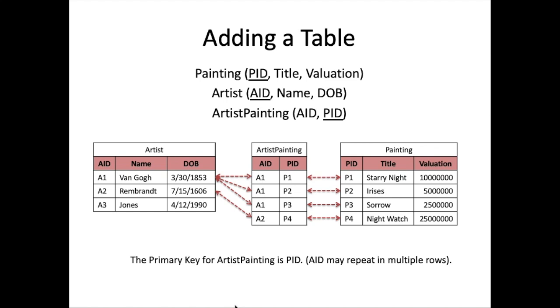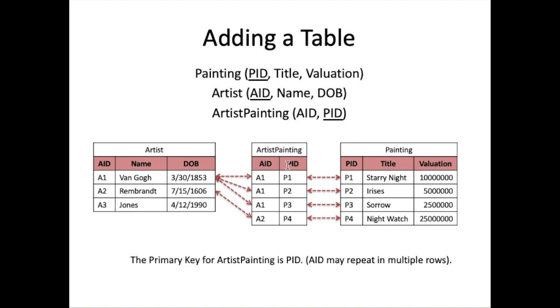And notice that because there's at most one artist per painting, each painting ID will only occur once in the artist painting table. And there's going to be a one-to-one association between artist painting records and painting records.